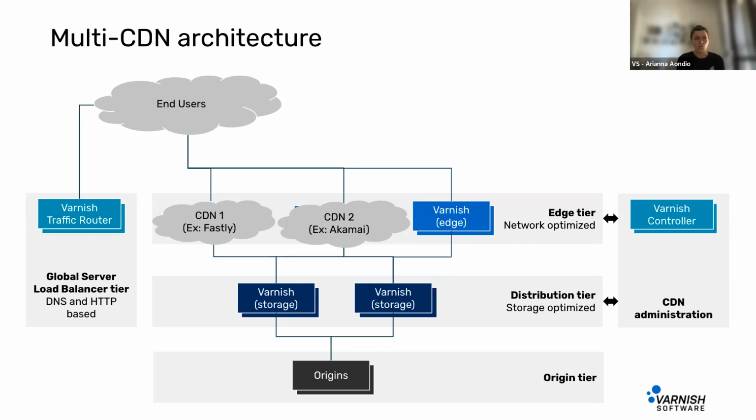Needless to say, in a multi-CDN architecture, you may rely on other vendors' traffic routers. Varnish Software offers a traffic router, and again, that's pure software. And being software, it means that by definition it can be made redundant, because you can run different services of the Varnish traffic router on different machines.